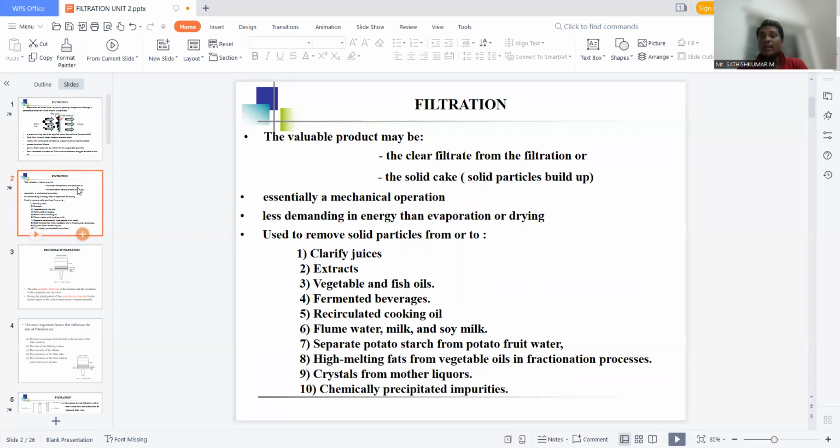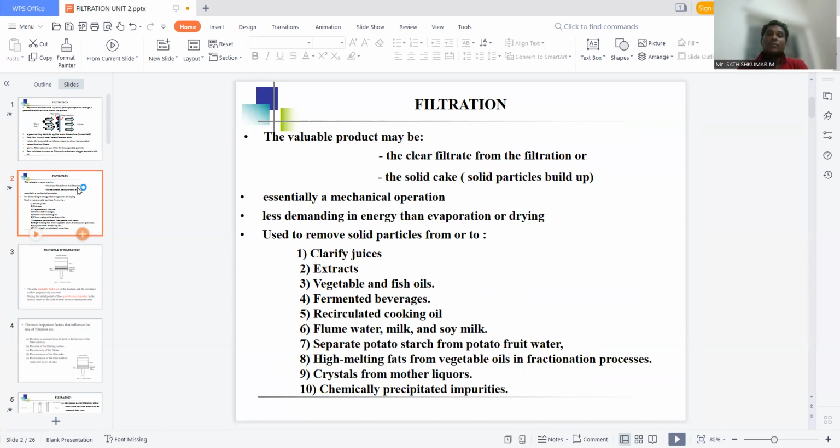First, the clear filtrate, which is a liquid containing few solid particles. Second, the solid cake, which is the solid deposition on the porous medium surface. Thus, cakes are considered another end product.